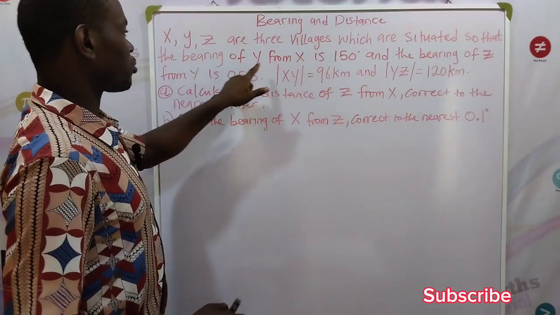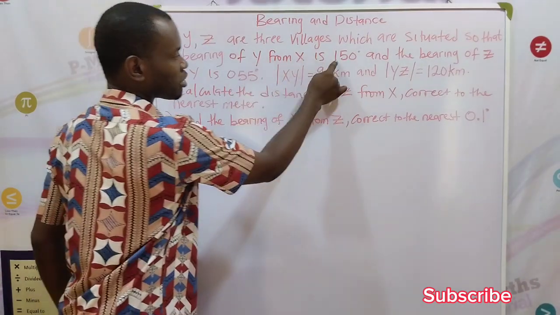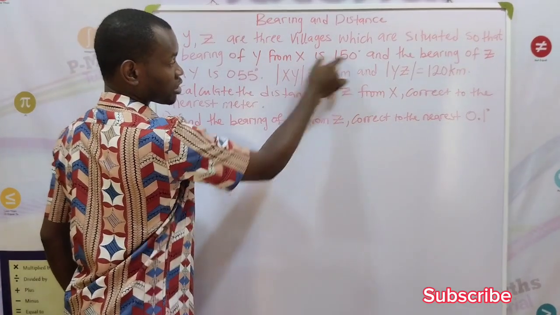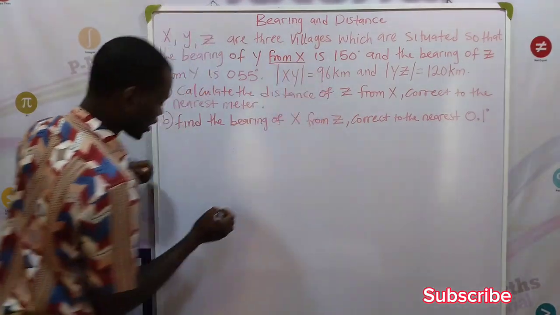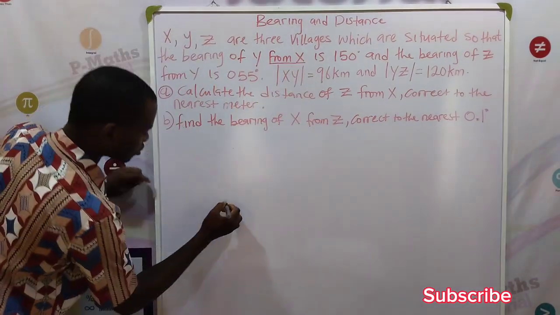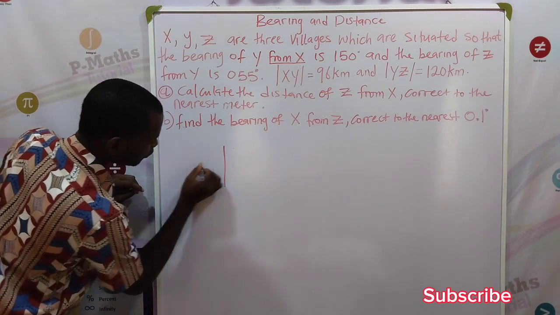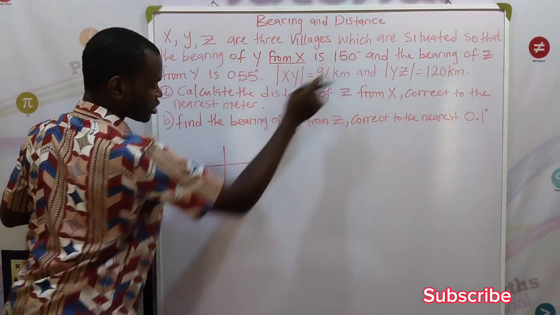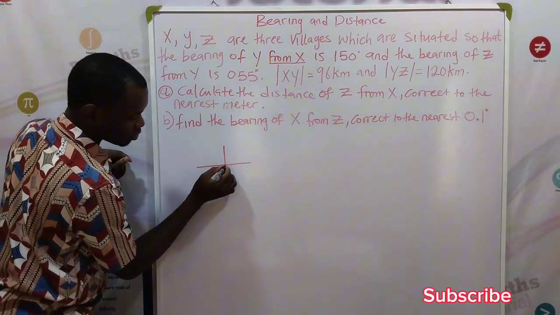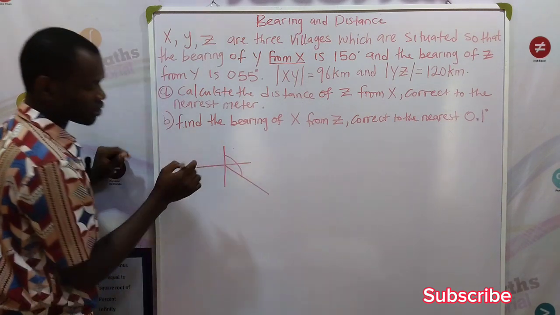The first position we have to get is X because Y is 150 degrees from, take note of the word, from X. So we are getting X first. Let this be the cardinal point of X, then locate 150 degrees, which is the second quadrant. 150 degrees will be here, right?